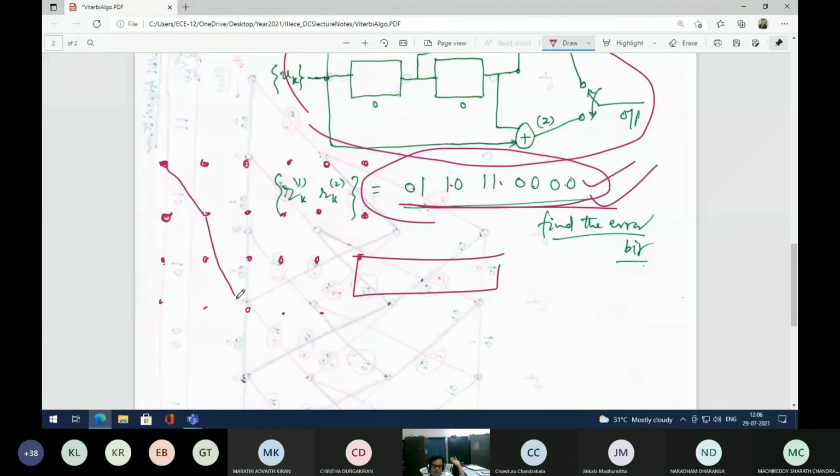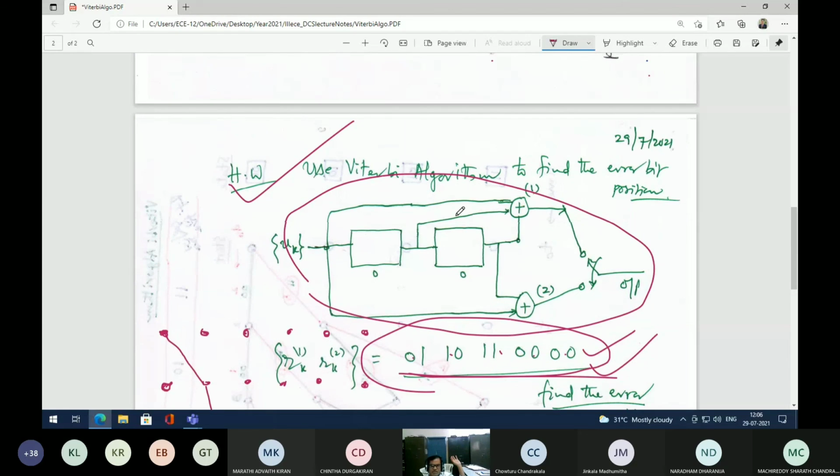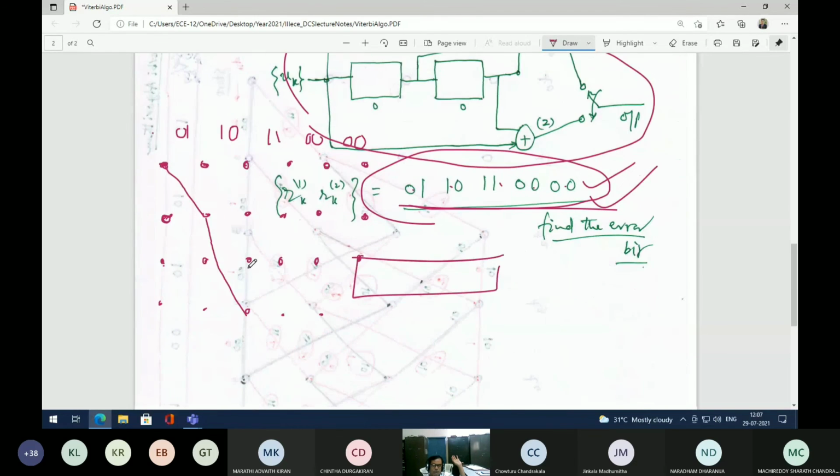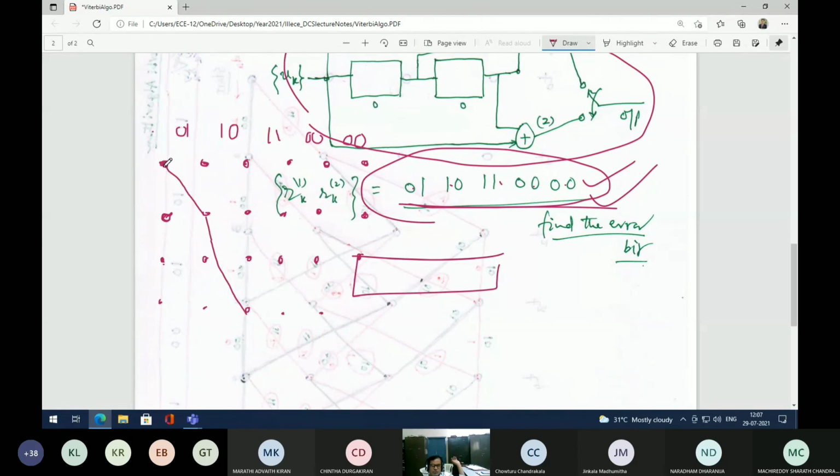I think this one will come. This is another color. You draw that trellis diagram and then take these received bits you mentioned here. This is 0, 1. This is 1, 0. This is 1, 1. This is 0, 0. And this is 0, 0. Having done this, now you compare, you find out the outputs on each branch and find out the Hamming distance, and finally you find out the minimum Hamming distance at every node and then proceed.